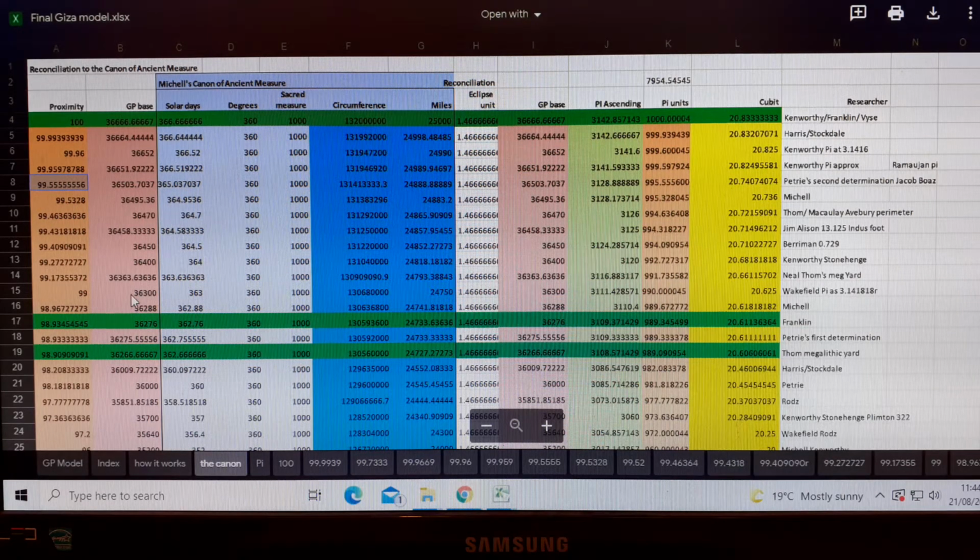And we can see that from where Jim has done his calculation, moving upwards, we've got all these very well-known measures. There's Michel's measure, or John Neal's measure. This one's Jacob's. This one's my approximation of pi within this framework of 3141.59333. That's a fantastic approximation of real pi.